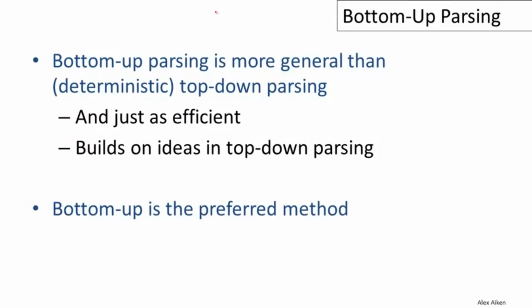Now we're focused on deterministic techniques, and we talked about LL1 or predictive parsing last time, and now we're going to shift gears and talk about bottom-up parsing. Even though bottom-up parsing is more general, it's just as efficient, and it uses all of the ideas that we learned in top-down parsing. In fact, bottom-up parsing is the preferred method used in most of the parser generator tools.